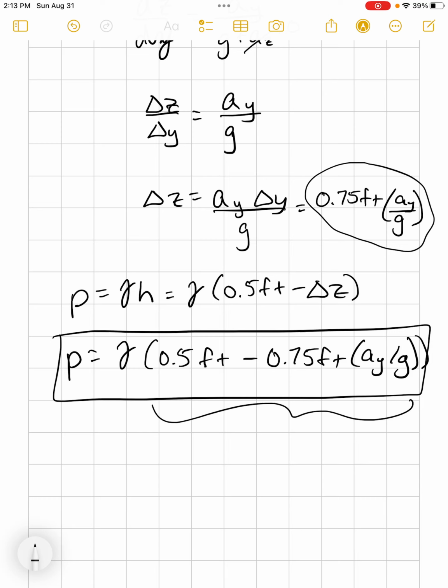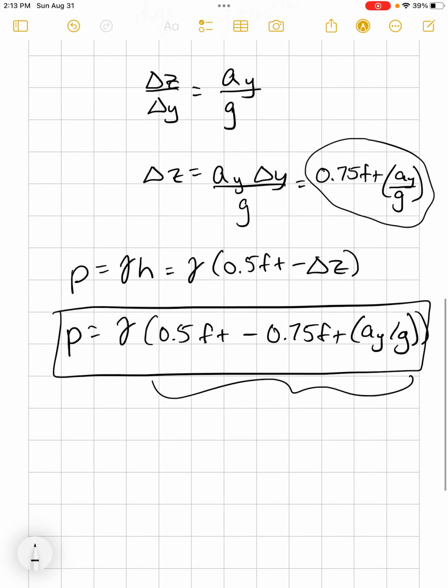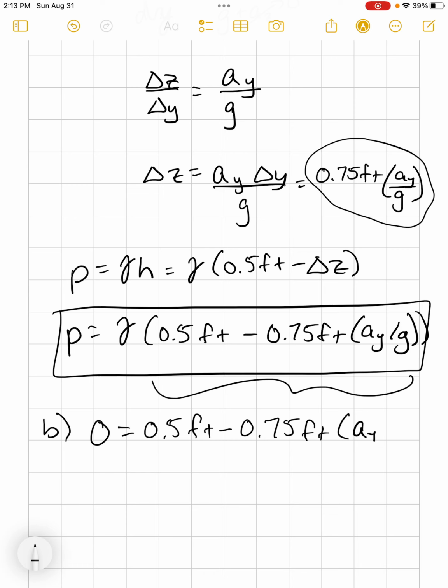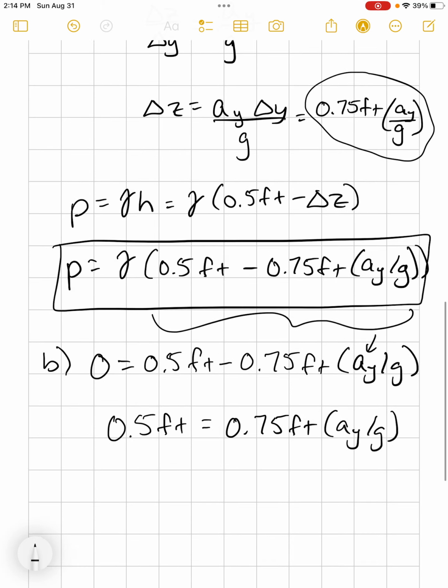If the pressure has gone to 0, it's because our level has changed such that the top of the gas is at the same level as the transducer. So we're basically going to set this expression to 0, 0.5 feet minus 0.75 feet. Okay, and we're going to look for what that acceleration is. Okay, so we're going to have 0.5 feet is equal to 0.75 feet times ay over g.